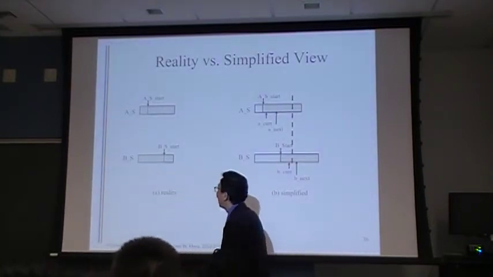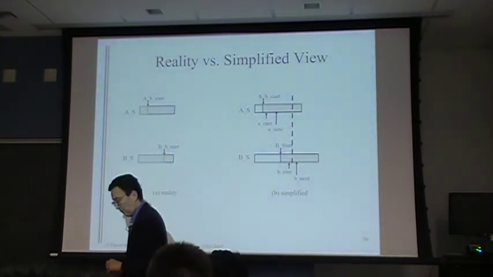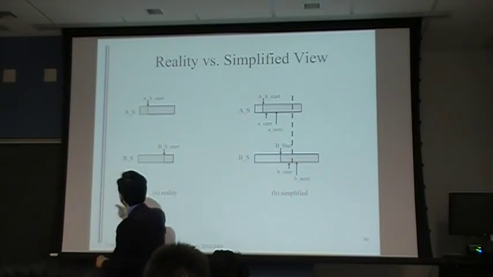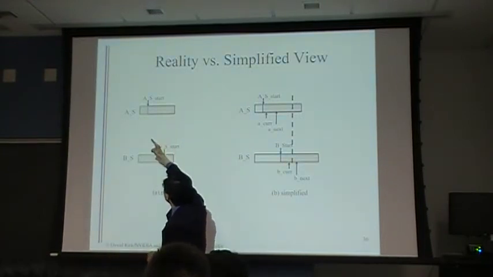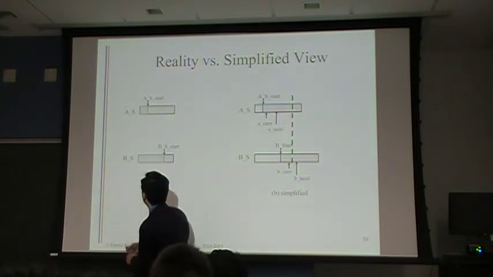So what we're going to do in this algorithm is, remember we have this wraparound, so the A section is going to start and then the data is going to wrap around.